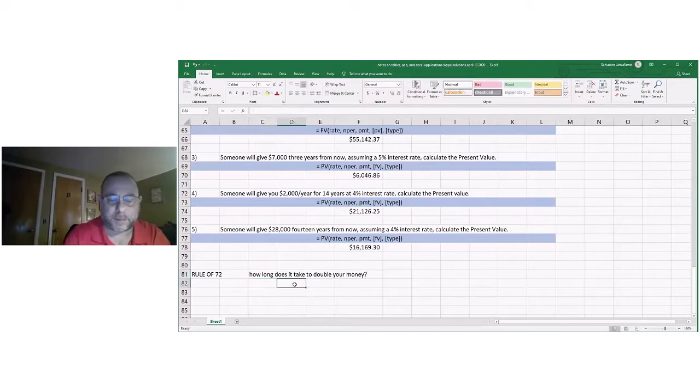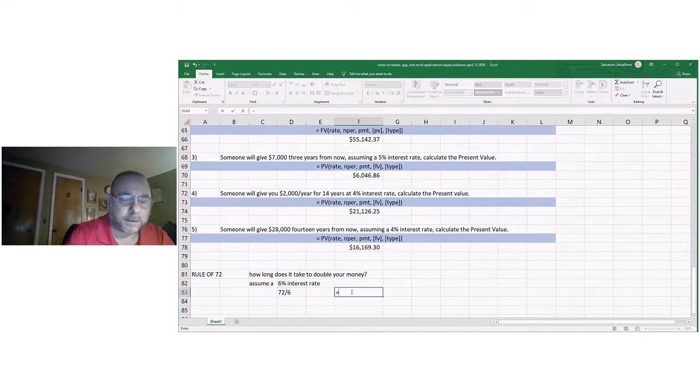So if I had a 6% interest rate, okay, so let's assume a 6% interest rate. What I would do is I would take the number 72, actually I'll show it here, 72, and I would divide it by that 6%.